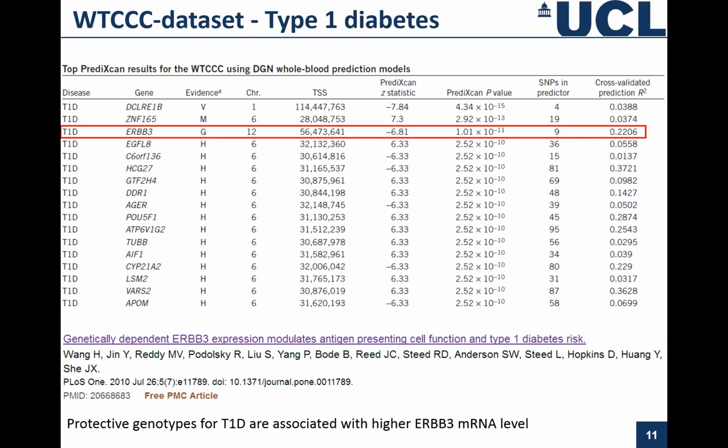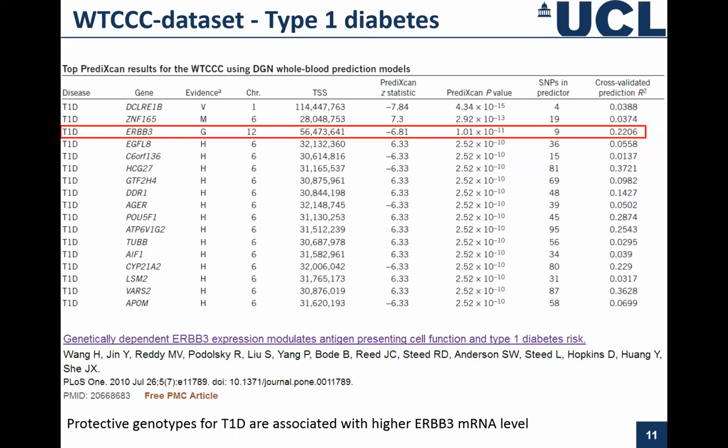But one of the most important values we have here is the direction of effect, which tells us what kind of gene expression level is associated with the phenotype. In the case of ARBB3, a lower expression of this gene is associated with increased risk for type 1 diabetes.